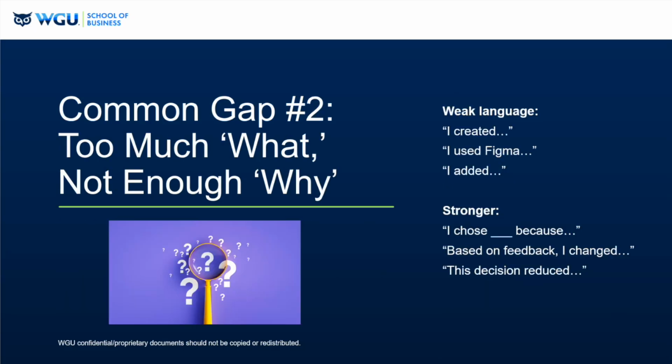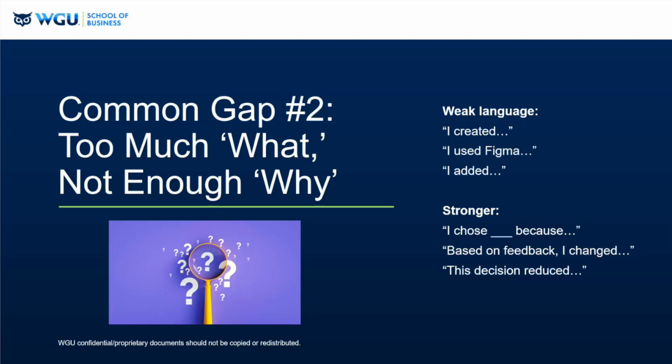Here's another common gap. Too much what and not enough why. So here are some examples of weak language. I created blank. I used Figma. I added blank. Some stronger ways to word this. I chose blank because, show your thinking behind your decision making. Based on feedback, I changed this.